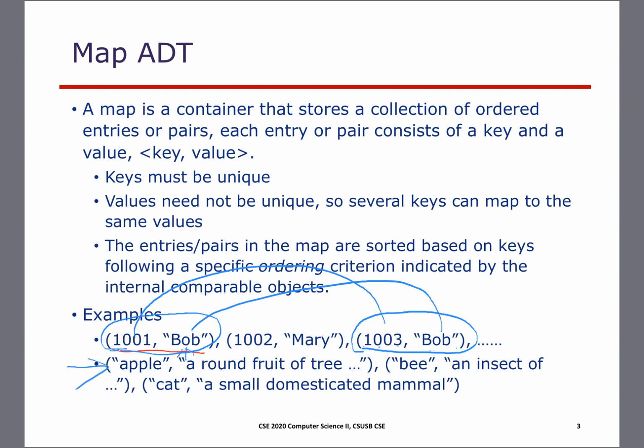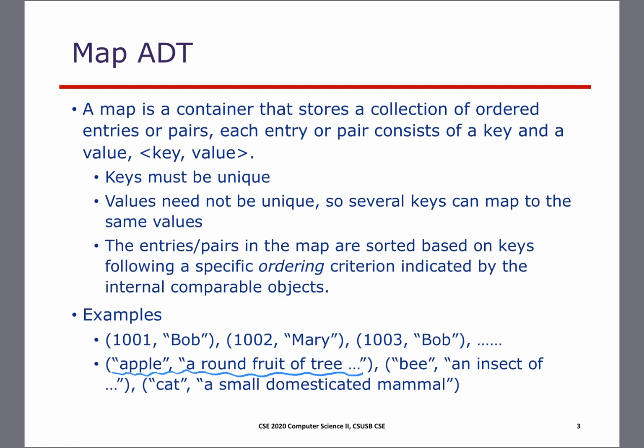And one more example. In this example, we have these entries. The key is a word, and the value is the meaning of this word. In the first pair, the word is apple. Its meaning is a round fruit of tree. Here, apple is the key, and a round fruit of tree is the value. The key type is string, and the value type is also string.